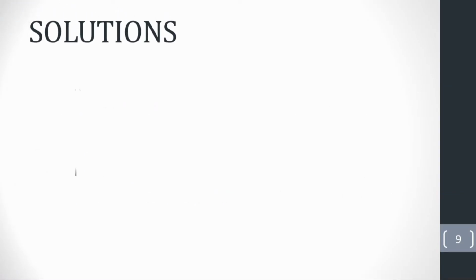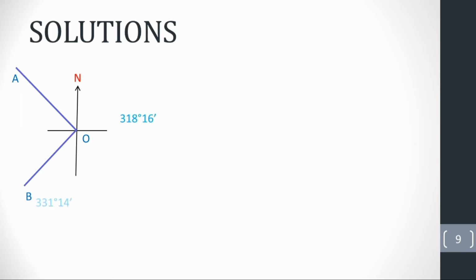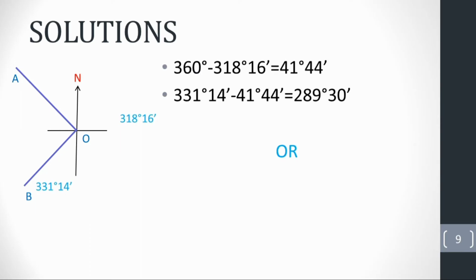Let's first start with the first reading, the bearing of OA given to us. I've demonstrated the diagram. So OA, we have a bearing of 318 degrees 16 minutes.